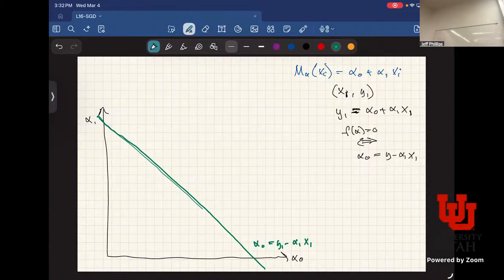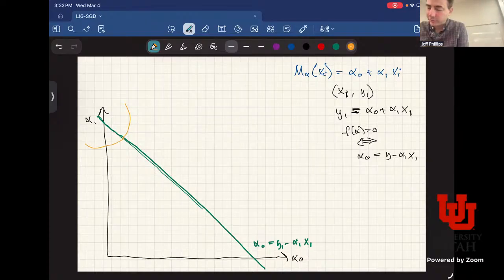This looks like the equation of a line, but now I've swapped the roles of x and y with alpha 0 and alpha 1. What's going to happen is that as I deviate from this line, my cost is going to increase. How much I deviate is going to give me a residual.